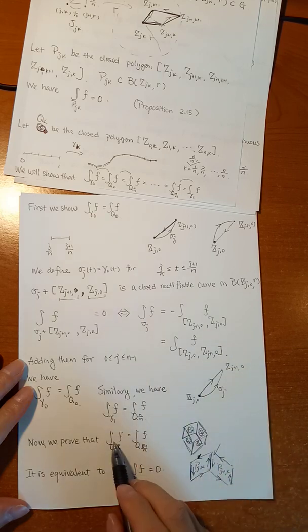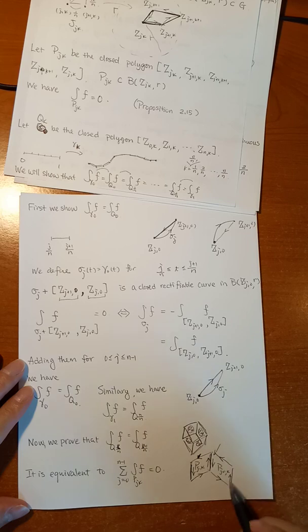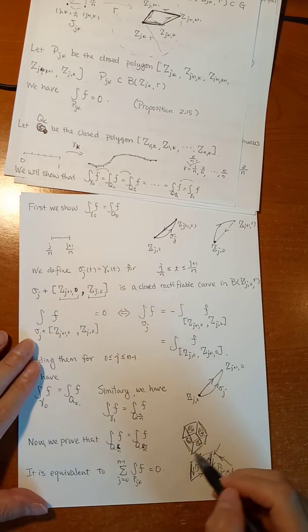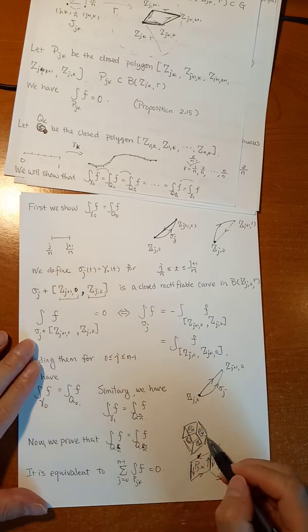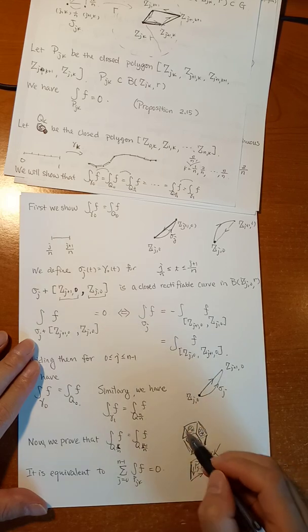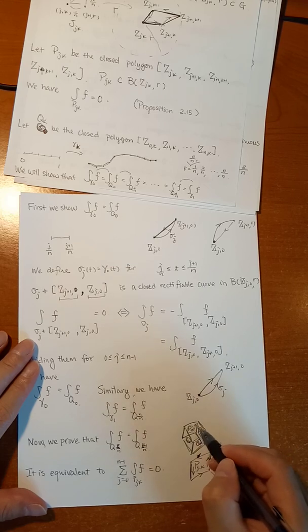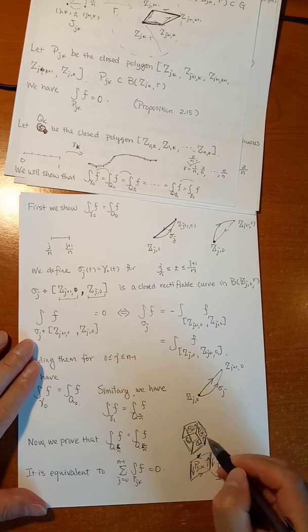It is cancelled in the integration. And here it will be cancelled with the next pj plus 2k, and this one will be cancelled with pj minus 1k. And you remember it's a loop. So the integral along all the vertical sides will be cancelled because one is up, one is down.